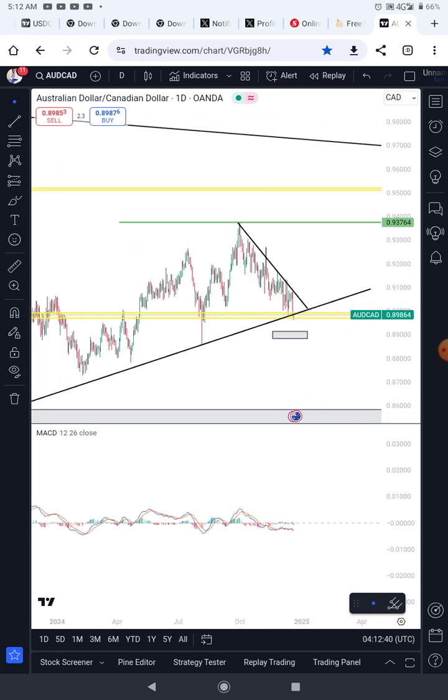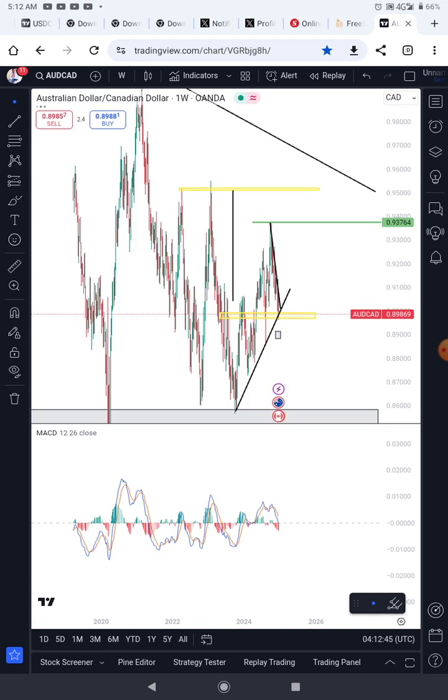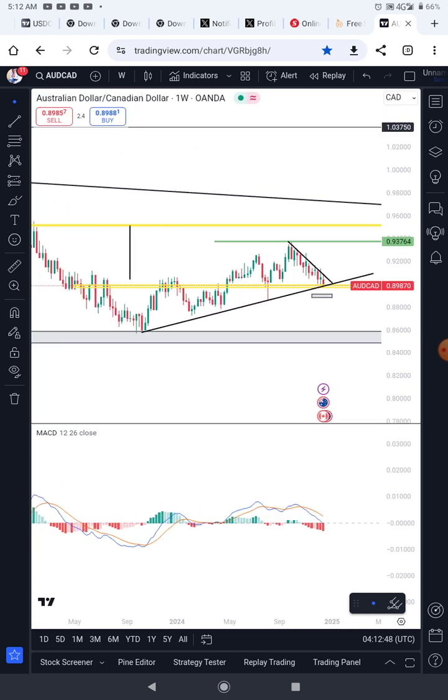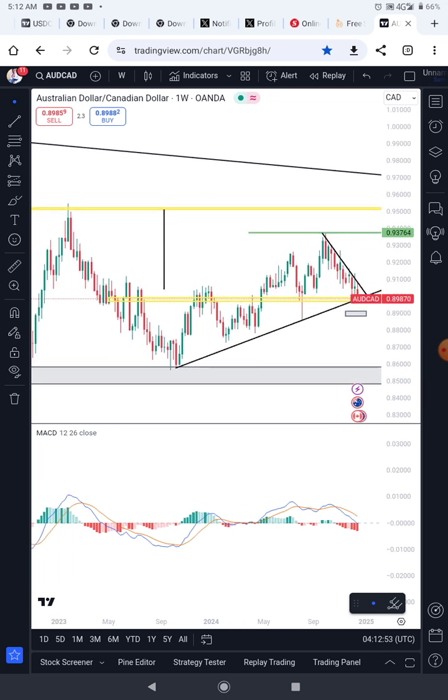So now let's go. On the weekly time frame, we are seeing a head and shoulder pattern that has failed to complete, because if you take the measurement from here to here and trace it above, it should suspend at this yellow bar up here, right, from the laws of price action.